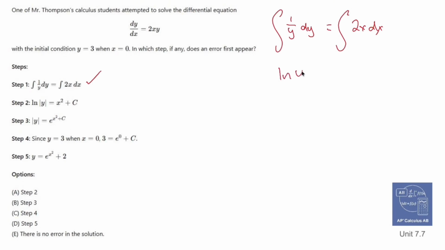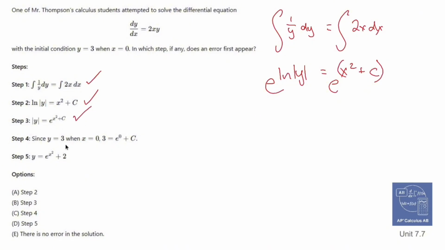You become ln of y, or they like to put the absolute value around it, which is perfectly acceptable, equals, what would that be? x squared, regular x squared plus c. Okay, check. They decided to e both sides. So that's good, check.